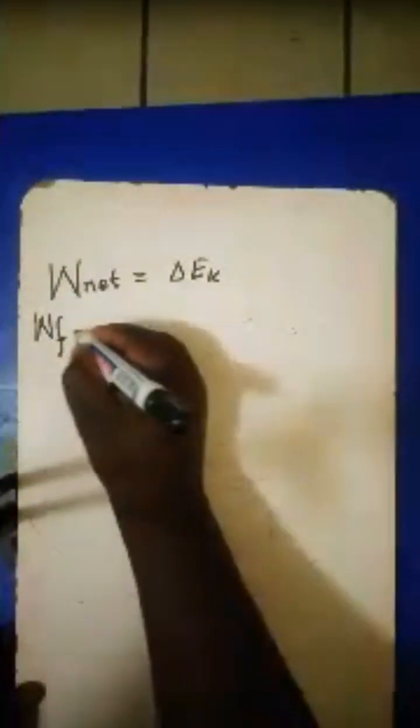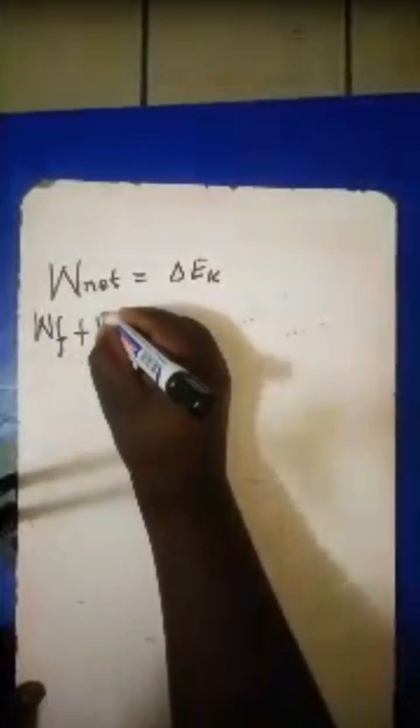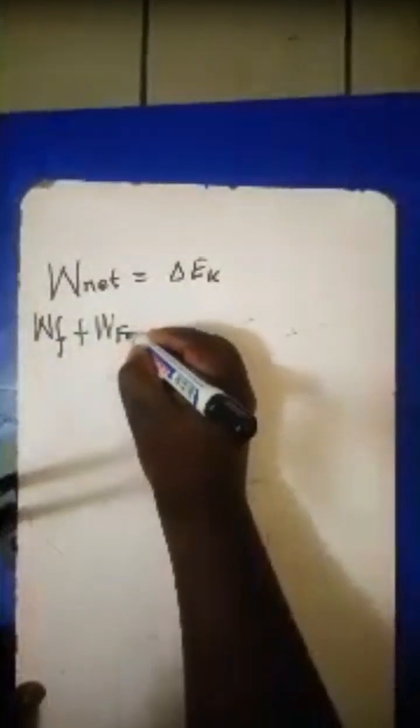A common error which I see in most colleagues' scripts, guys: when you're talking about W net, most of you are talking about net force. You're putting forces as they are instead of putting W. Remember, W means work done by friction plus work done by Fg parallel.